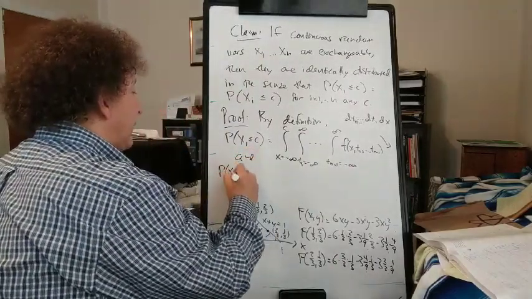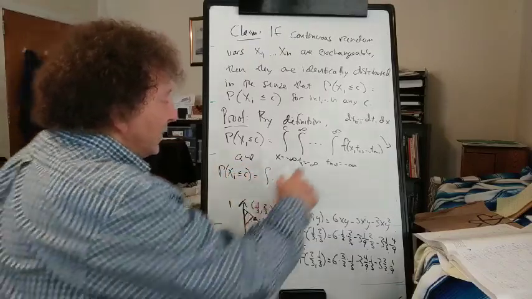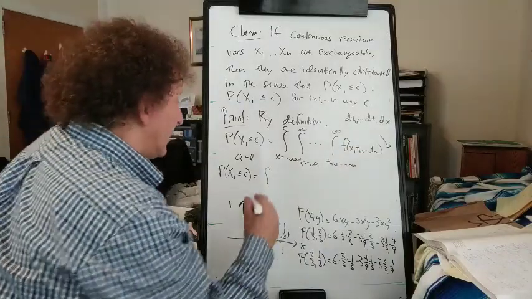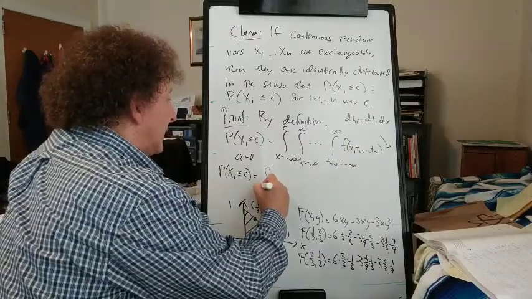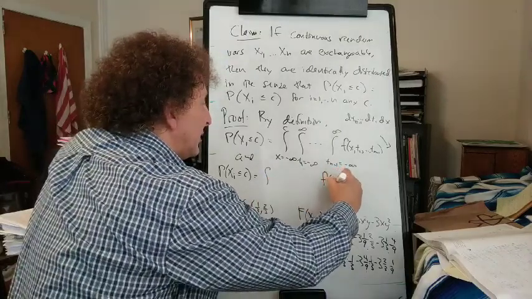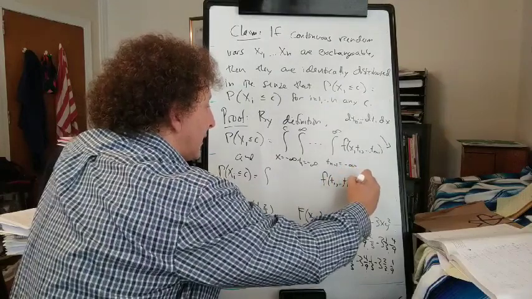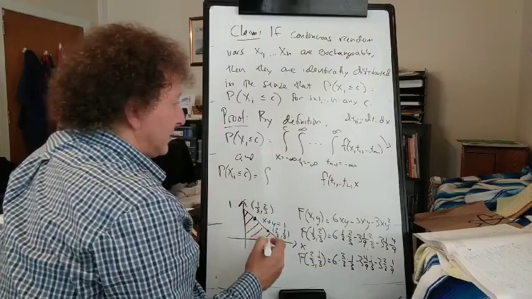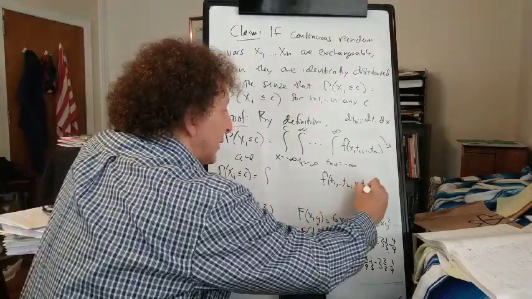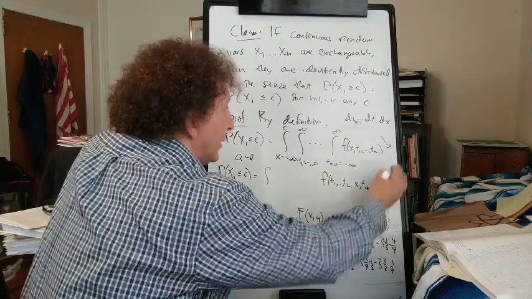And then if we write the probability that Xi is less than or equal to c, now we can do these integrals in any order we want and get the same answer. So let's look at the function f of t1 through ti minus 1, then I'm going to put x in the ith place to represent the variable capital Xi, and then ti plus 1 through tn minus 1.